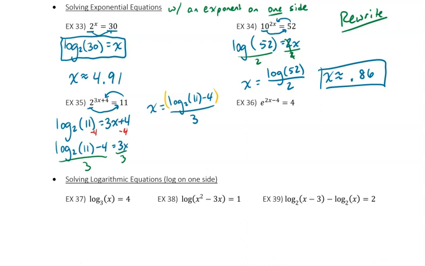So again, it's just press math, scroll down until you see log base. You can put in both the 2 and the 11. And if you put all of this in, again, making sure to put parentheses around the numerator, and then divide by 3, you should be getting approximately negative 0.18.